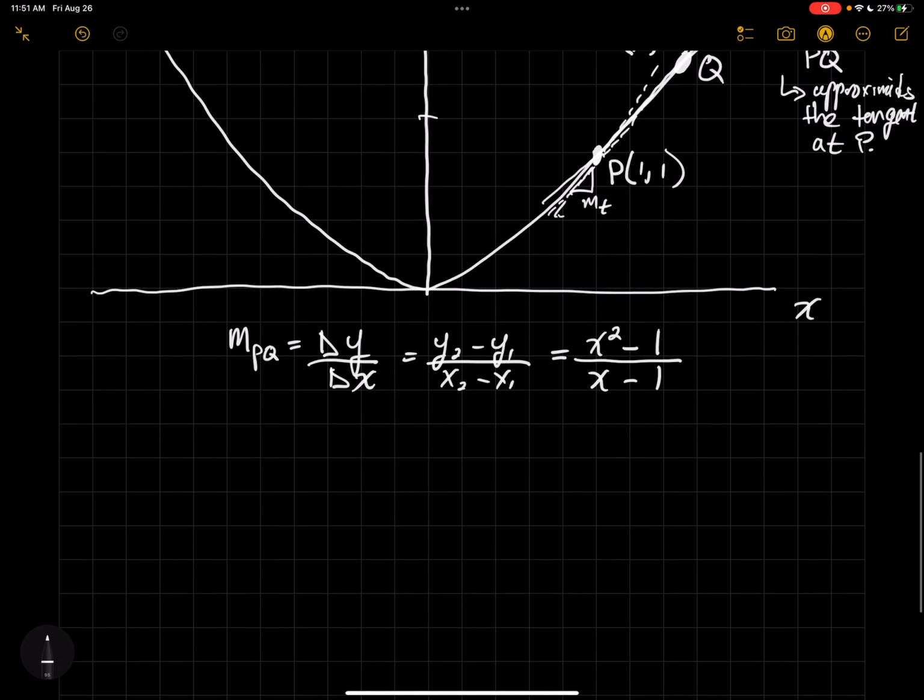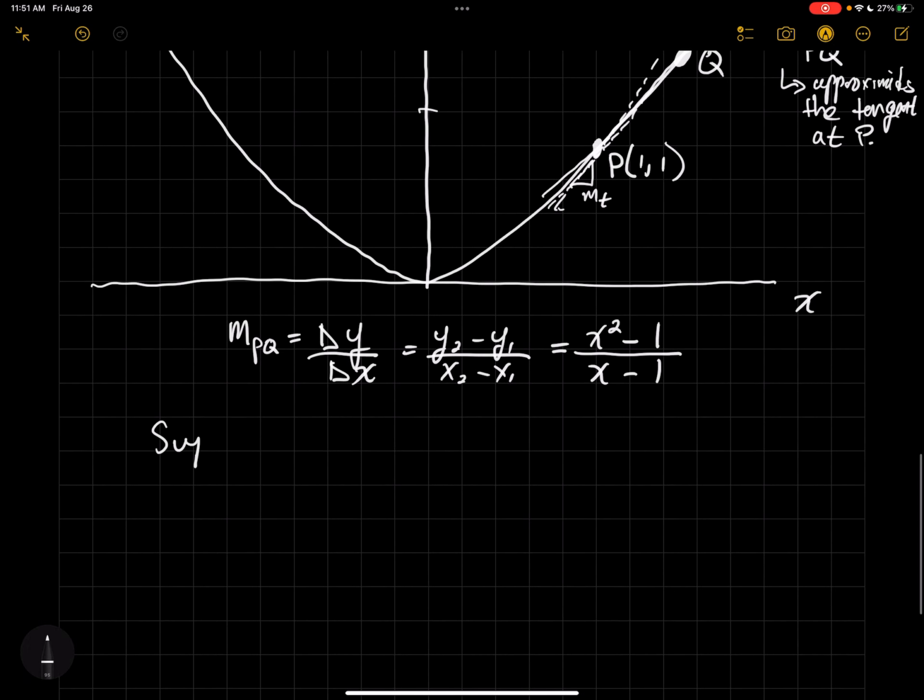So let's suppose x is equal to 2, right? So we're 1 unit away from the point at which we're trying to determine the tangent, the slope of the tangent. At x equals 2, now I have a value, so I can determine MPQ, the slope of line PQ.